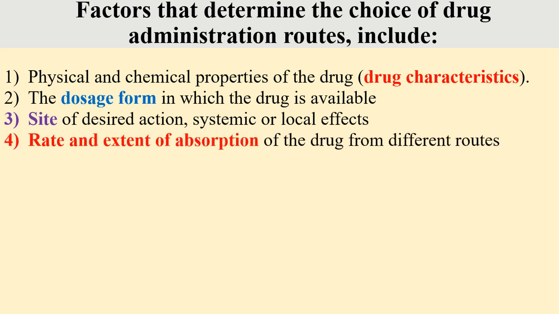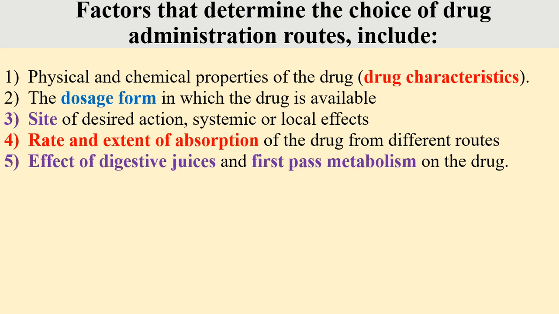Also, the rate and extent of absorption is very important to choose the correct route of administration. Also, the effect of digestive juice and first pass metabolism. We know that this affects the drug effect or its ability to reach the range of plasma level of the drug.